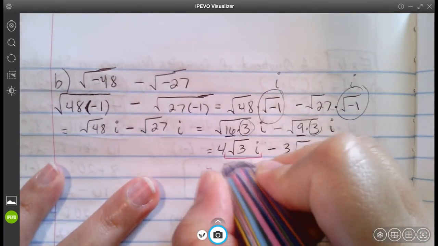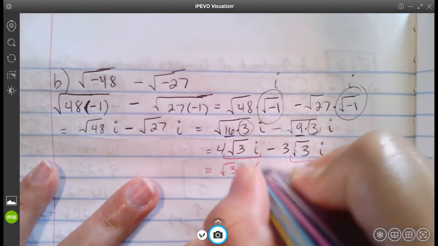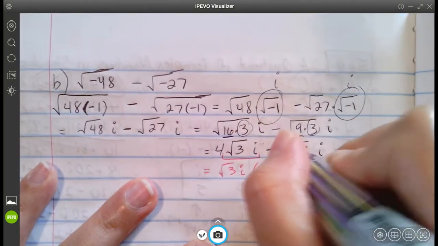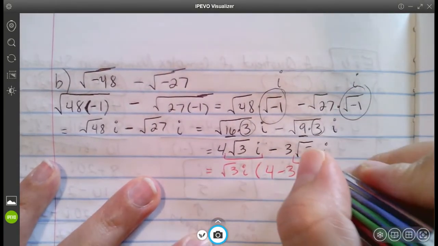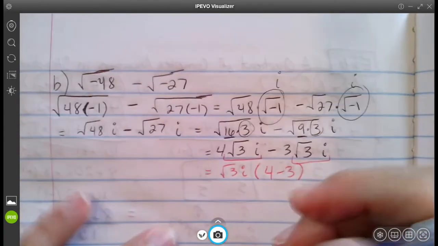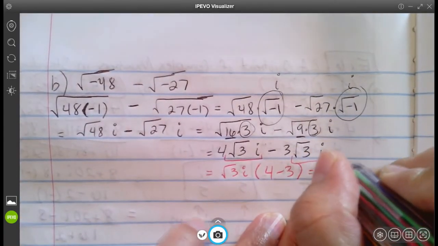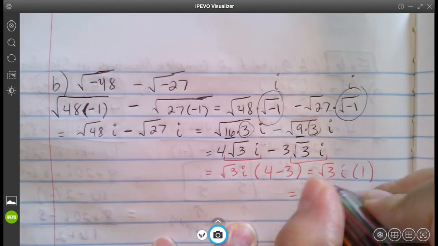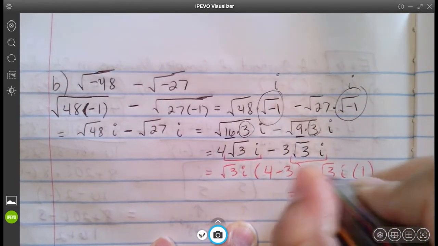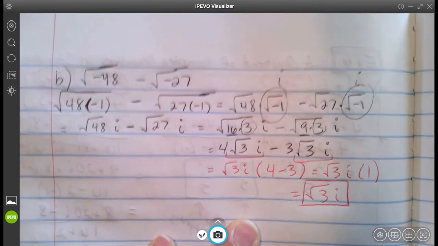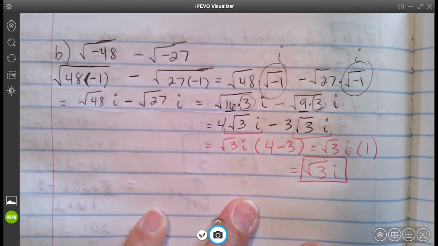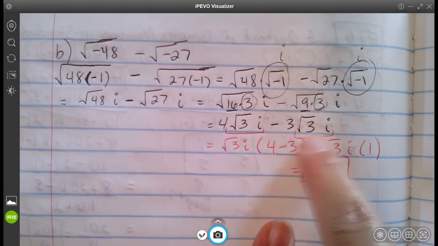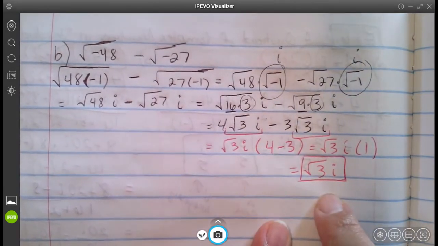So I'm going to have square root of 3i, and then whatever's left over is that 4 minus 3, which is going to give me square root of 3i times 1, which is just the square root of 3i. I'm sorry, I kind of switched colors on you there. But yeah, that's it. Another way to think about this one, you have 4 of these and 3 of these, so 4 minus 3 is just 1.